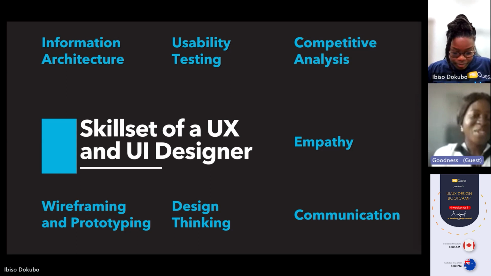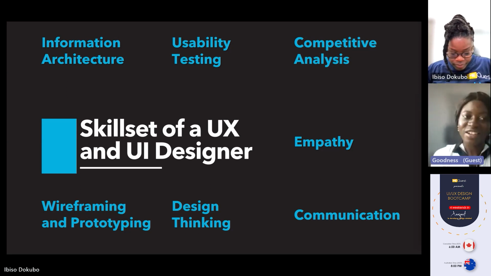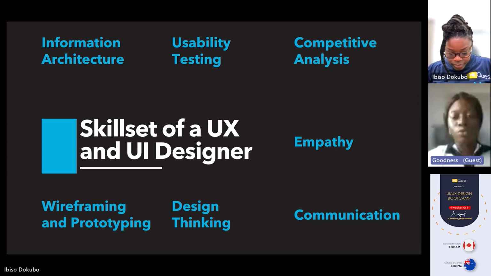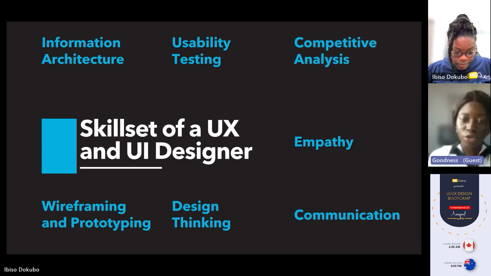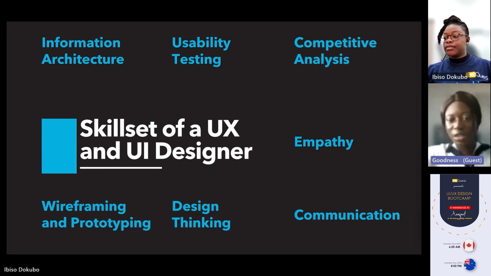Okay, so yeah, basically the skill sets you need to have as a UI UX designer. You need to be able to draw out the information architecture of a website. If you're designing a website, basically the user journey map of the website. The user is going from this screen to this screen, just like the cube clay design that we saw just now. You can say that the UX of the information architecture is kind of like somehow, because at a point you get lost in the whole experience of the website, right?